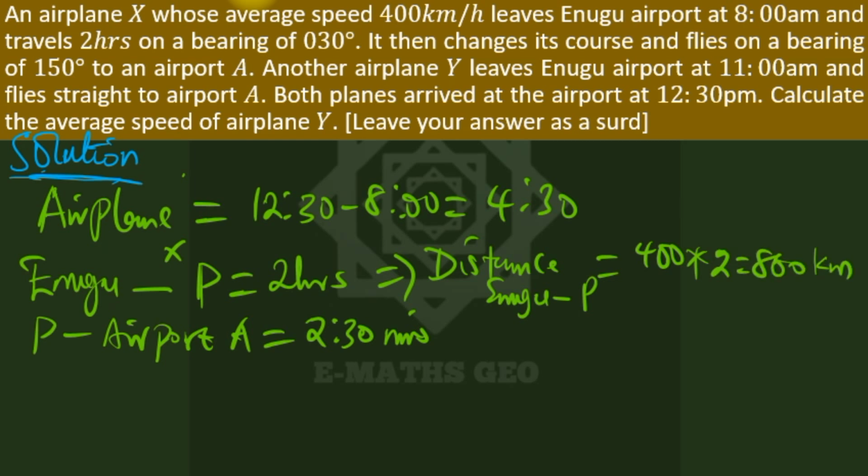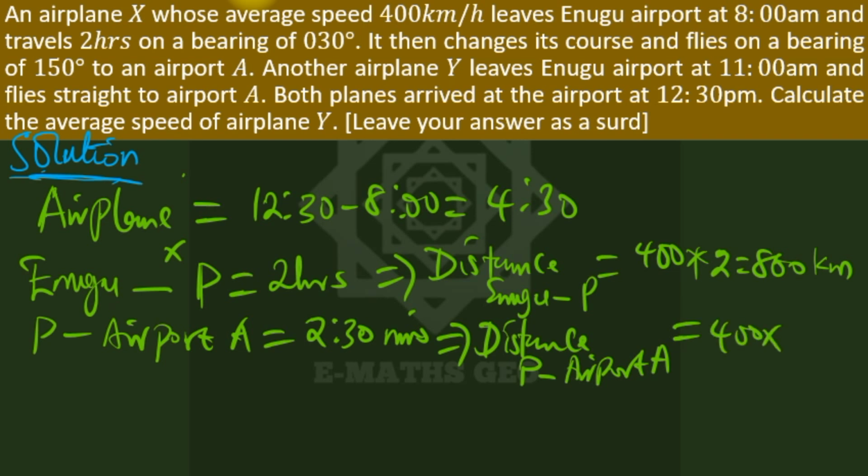The distance from P to airport A is the same 400, but with a different time. 2 hours 30 minutes is 2.5 hours, which is 5/2, so it gives us 1,000 kilometers.